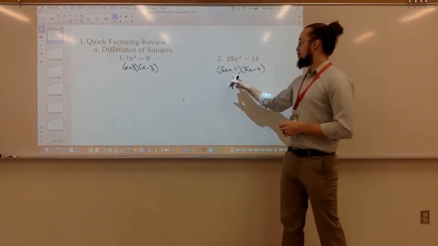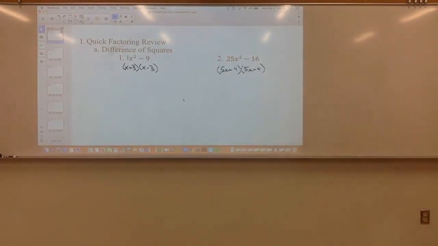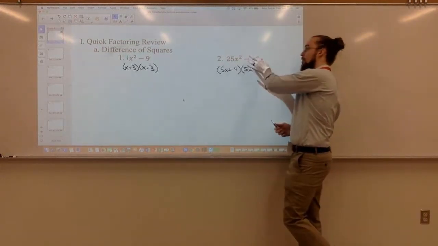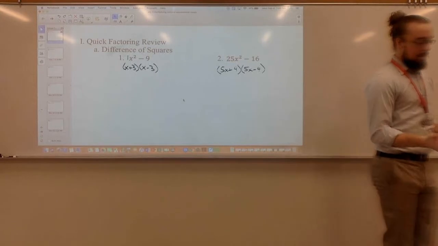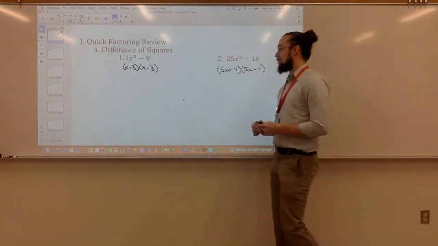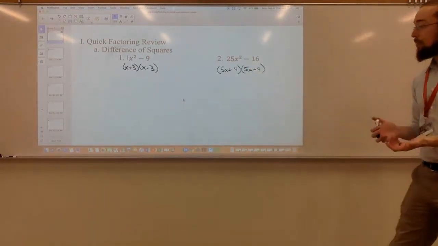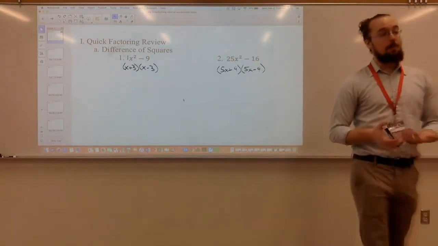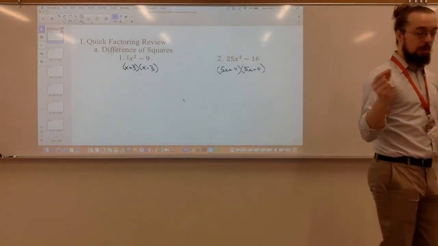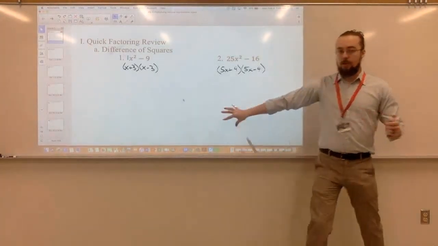The square root of the first plus the square root of the second times the square root of the first minus the square root of the second. Now, this only applies when we've got a perfect square minus a perfect square. On some of the factoring and simplifying graded assignments that we just did, we had some binomials like this where we were only able to factor by taking out a GCF. So make sure that you are checking to see whether a binomial, meaning two terms, is actually a difference of squares. Are we okay on this?